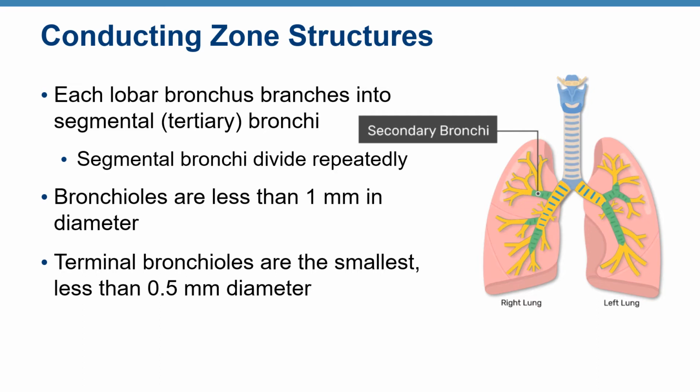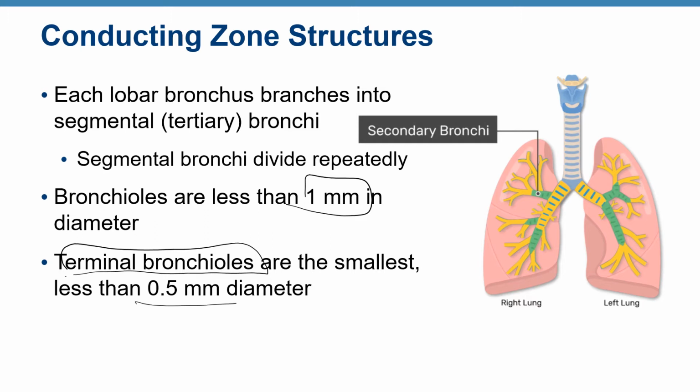Okay, then we have primary bronchi that divide into secondary bronchi, and then into tertiary, and then we have segmental bronchi. They divide repeatedly. Bronchioles are smaller air passages less than 1 millimeter in diameter, and terminal bronchioles are the smallest, with diameter less than 0.5 millimeters.